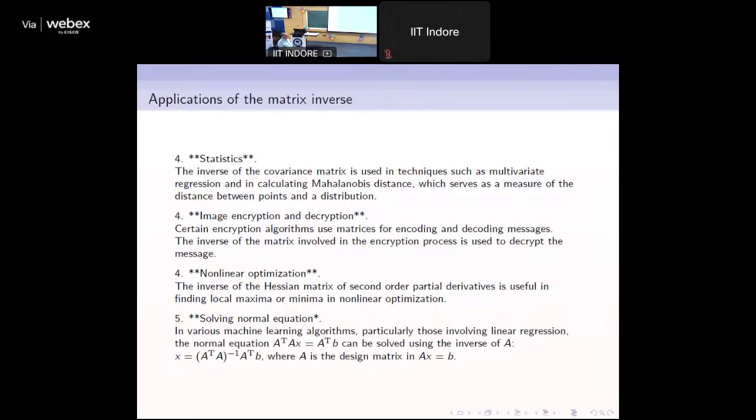What is important here, AX equal B is not always consistent, but normal equation A transpose AX equals A transpose B, yes. Finally, this expression, inverse of A transpose A times A transpose is Moore-Penrose inverse of A.